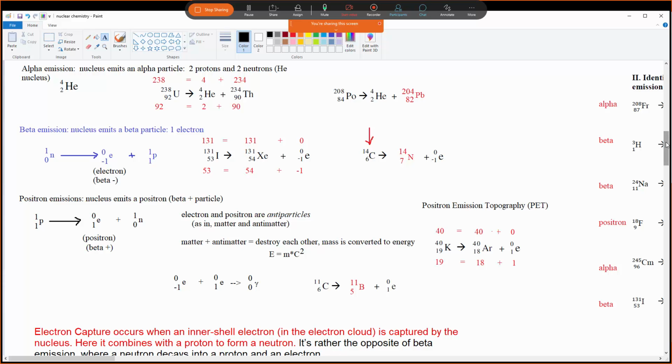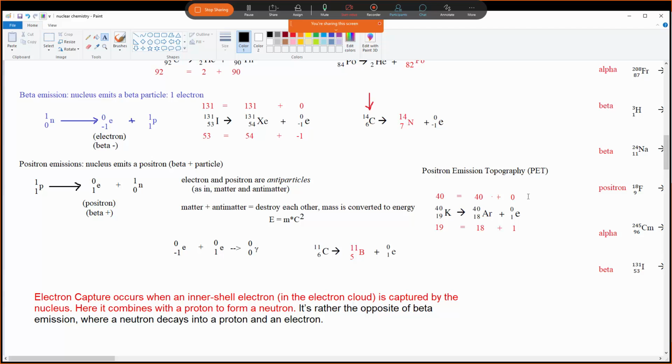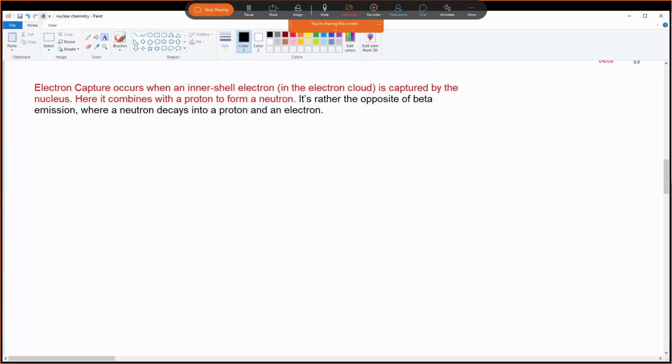All right, so in electron capture, the nucleus is going to capture one of your innermost electrons and say, I want you. And so you're going to have an electron here, but it's going to be on the left-hand side of the equation, on the reactants side. So what it's going to look like: mercury 197 decays by electron capture, and it forms gold 197.